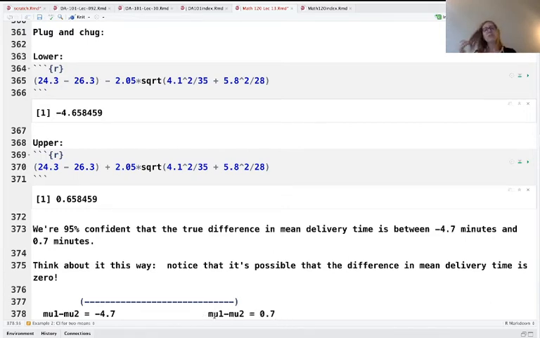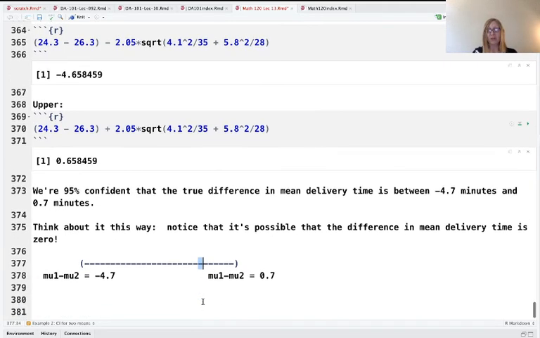Whatever the actual difference is, we're 95% confident that it's somewhere in there. So maybe visually it makes sense. Maybe 0 is right about here where I'm highlighting, just to eyeball it. It's totally possible that the difference is 0, i.e., it's possible that there's no difference.